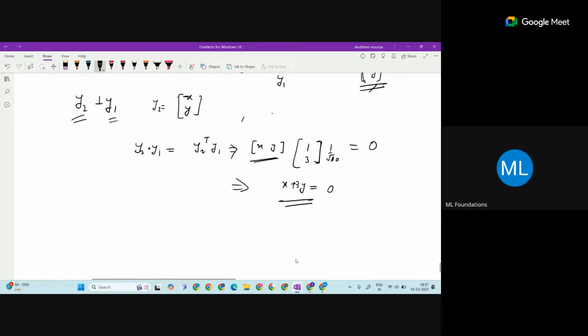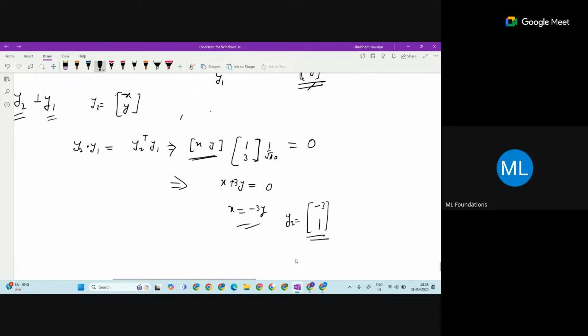So this gives us a linear equation. From here, x is equal to minus 3y. If you assume y is equal to 1, we get x is equal to minus 3. Using this we get a vector, and this vector is our y2. But let's normalize it.